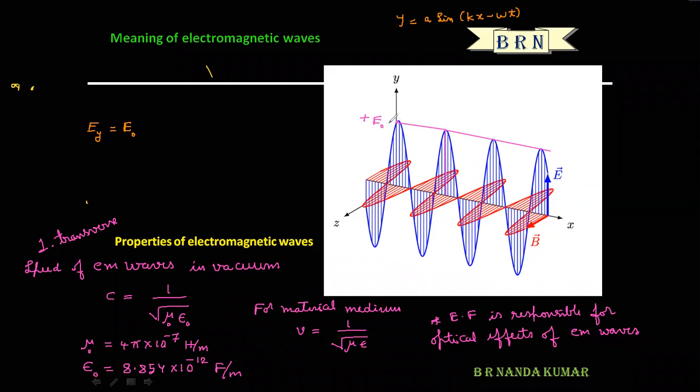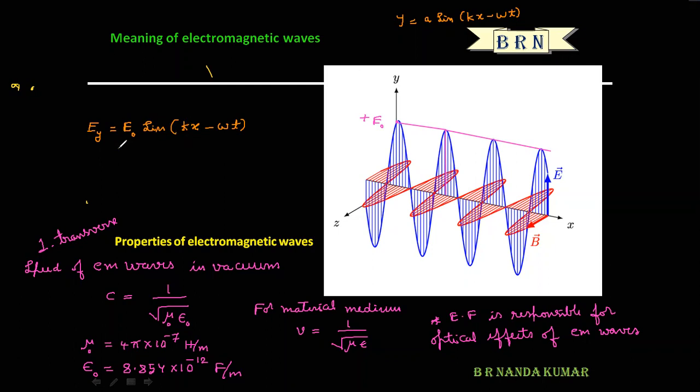Plus E naught is the maximum value of electric field during one complete cycle. Here the electric field varies along the y-axis. So Ey is equal to E naught sine of kx minus omega t, where E naught is the amplitude of the electric field.